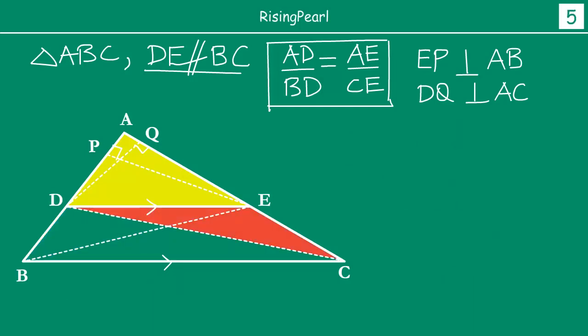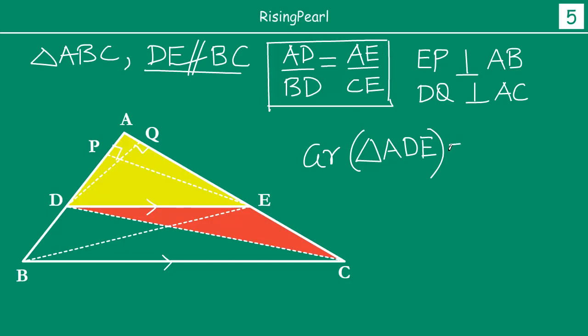Subsequently, we are now going to take a look at these two triangles, which are triangle ADE and CDE. Here we are going to do the same thing. We first write the area of triangle ADE, and this time we focus on the right side.